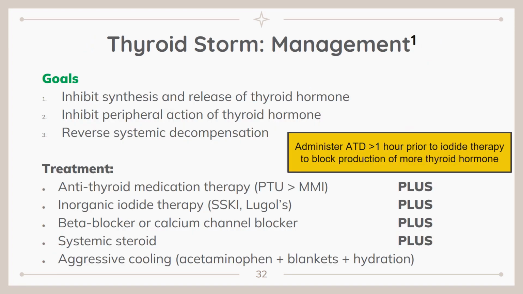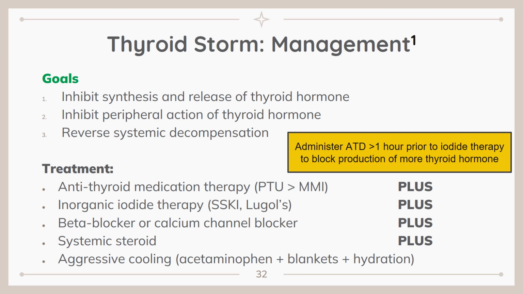In order to manage this thyroid storm, we want to do it as safely and quickly as we can. So some of the goals, we want to inhibit that thyroid hormone release peripherally as well and reverse any systemic decompensation. In order to do this, we're adding additional treatments instead of just monotherapy.